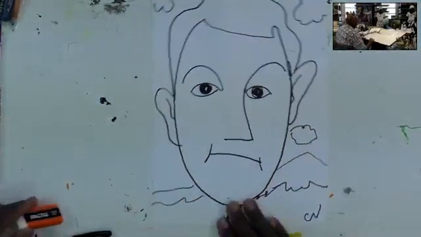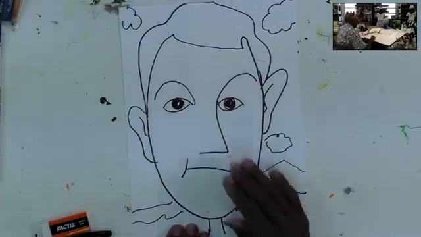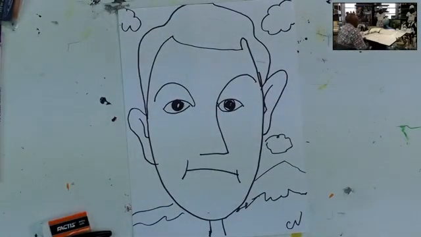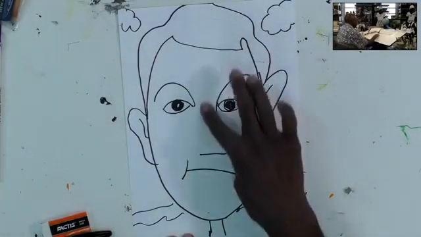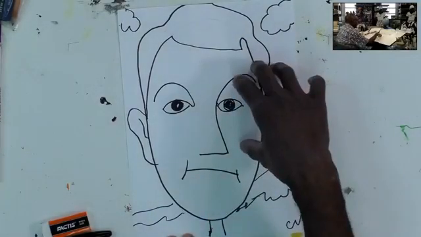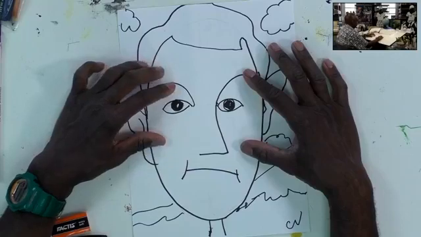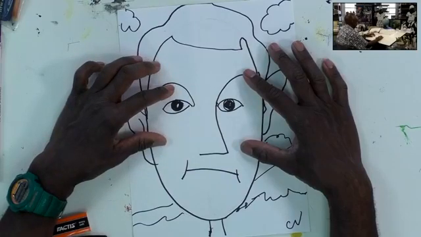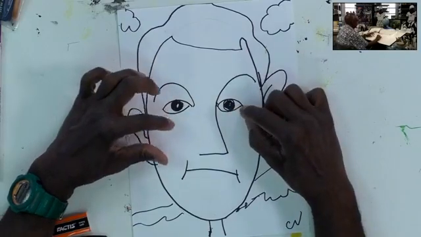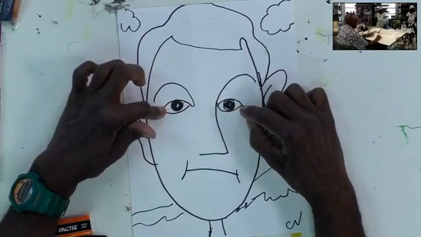But we talked last week about symmetric balance, symmetry, and even in drawing the face, the right side of the face and the left side of the face are sort of like mirror images. This side sort of looks like this side reversed.